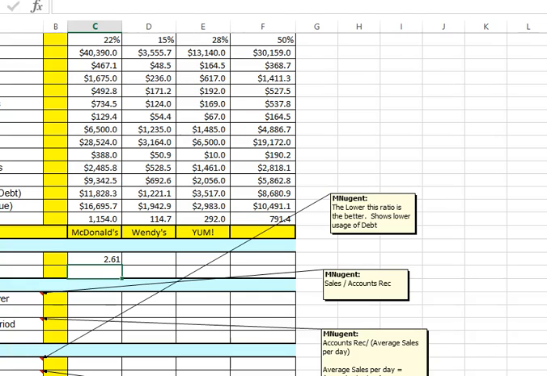Which of these 3 current ratios is the best? Somebody said McDonald's, and why is that?